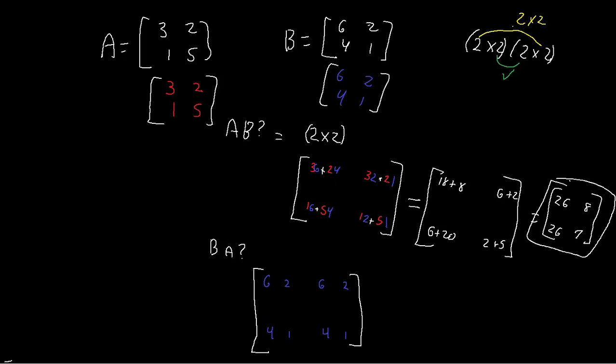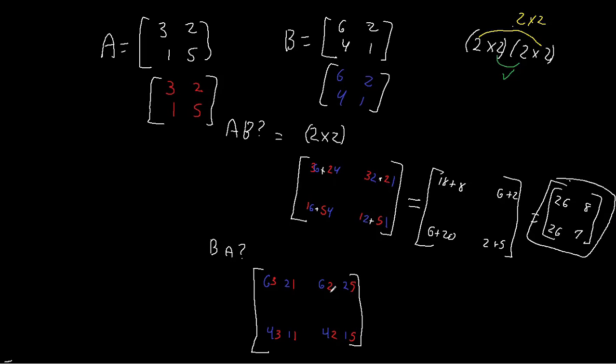Okay. So now we go and look at the columns. We're just doing the columns of A. So this is going to be 3 and 1. This is going to be 3 and 1. This is going to be 2 and 5. This is going to be 2 and 5.